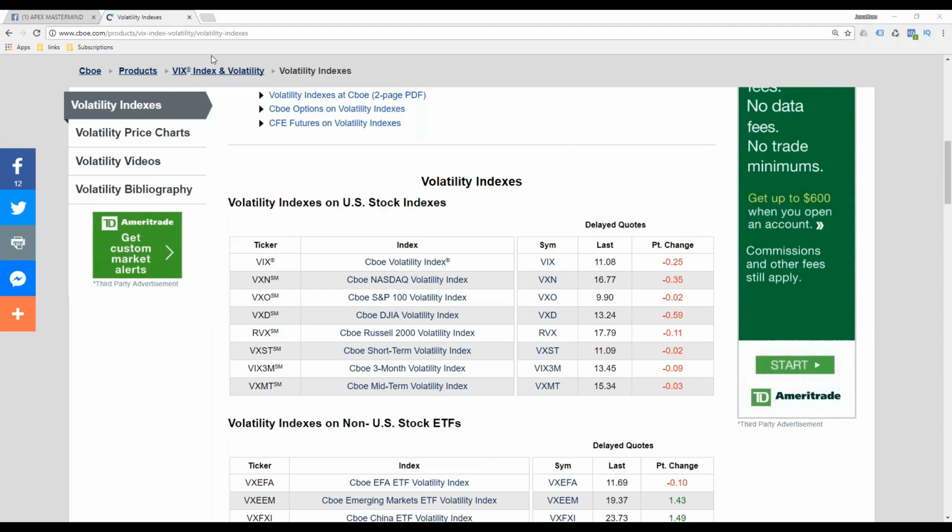So I just put this page in the chat, and what this allows you to do is you can just look at the VIX, or VXN is going to be your NASDAQ volatility, right? RVX is going to be your Russell volatility. VXD. So it's just going further and further in everything that you do, right?